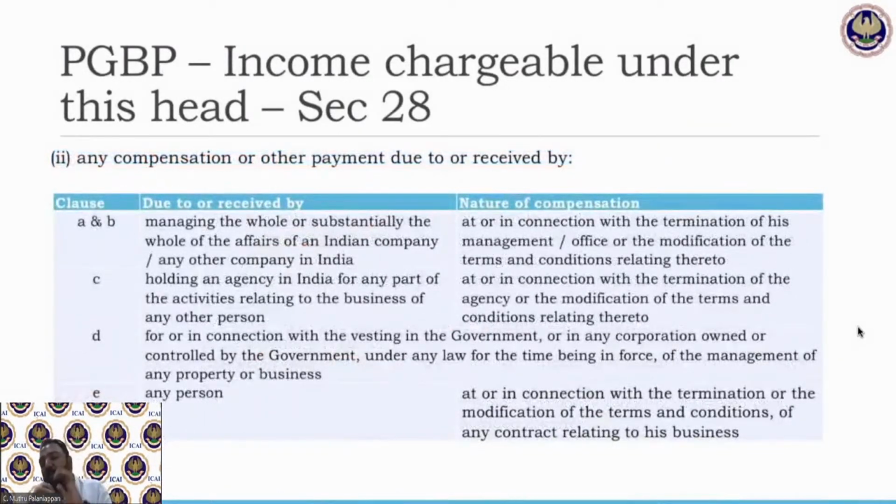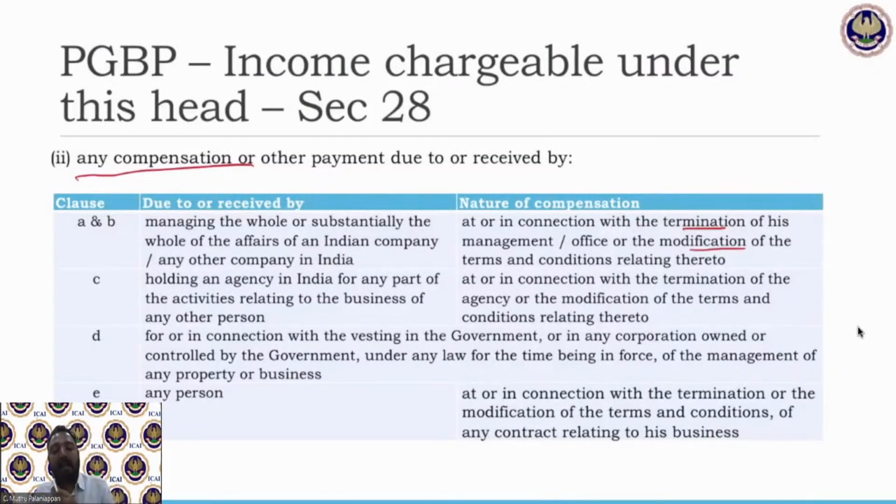So the last thing we are going to understand about section 28 is basically any compensation or other payment. So typically there is a person who's managing the whole or substantial whole affairs of an Indian company or any other company in India, and they receive money for termination of his management office or the modification of the terms and conditions.